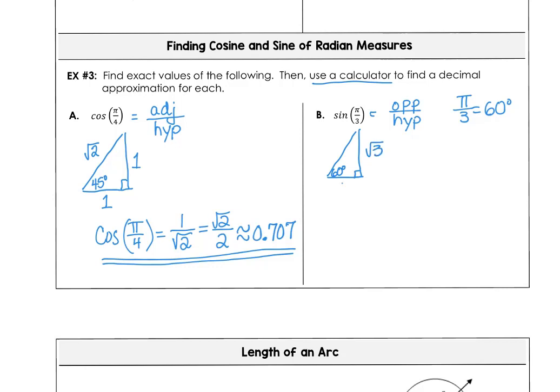The side across from 30 degrees is 1, and the hypotenuse is 2. So the exact value for sine of pi over 3 is going to be square root of 3 divided by 2. And using our calculator for decimal approximation, that's going to be about 0.866.